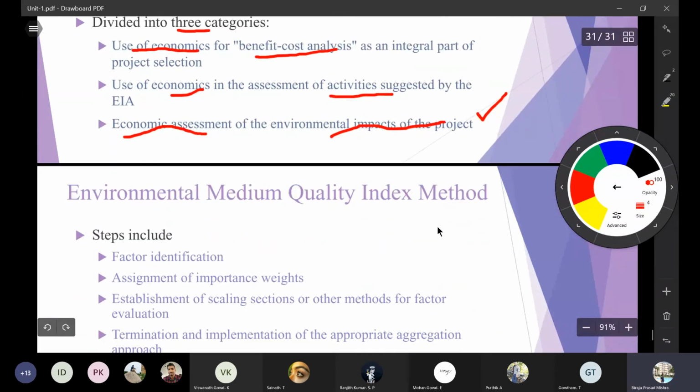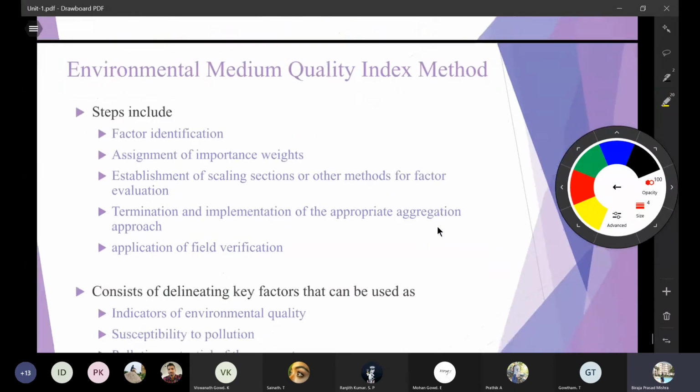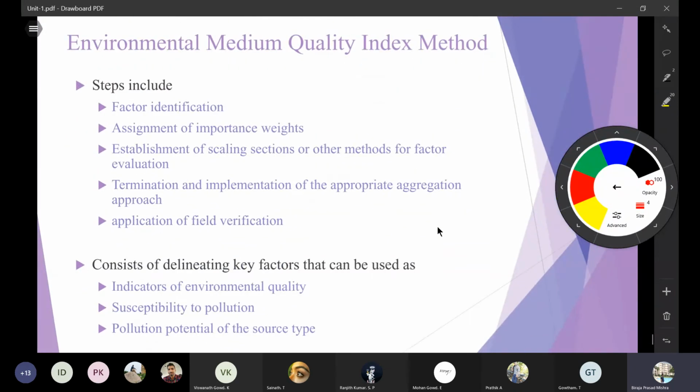Okay, next part is the environmental medium quality index method. This is somewhat more elaborate than the other methods which we have discussed till now. It involves a certain number of steps to find out the environmental medium quality of a particular area where a developmental activity is going on.